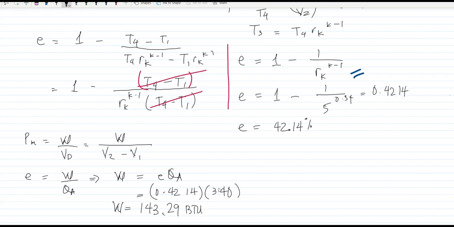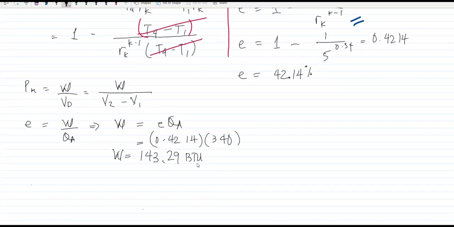Okay? So the appropriate unit that we should use here is pound force feet, so that we will have a mean effective pressure in pounds per square foot. Okay? So we know that 1 BTU is 778 pound force feet.